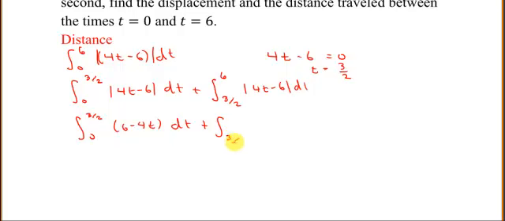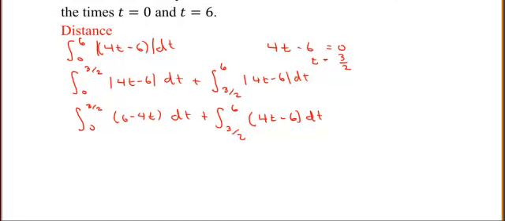So from 3/2 to 6, the absolute value is going to do nothing. Okay, if I calculate the antiderivative, I'm going to get 6t minus 2t squared from 0 to 3 halves plus 2t squared minus 6t from 3 halves to 6.